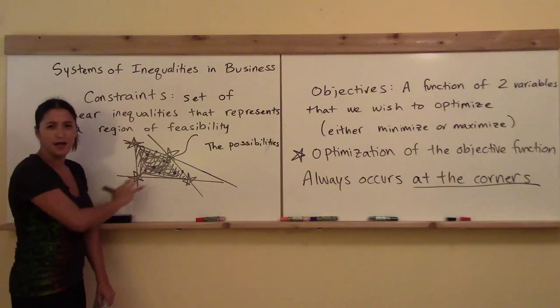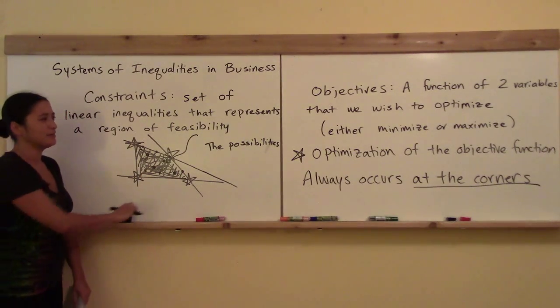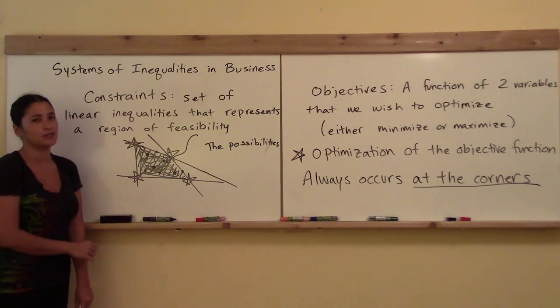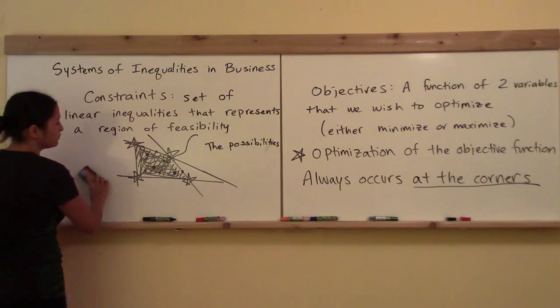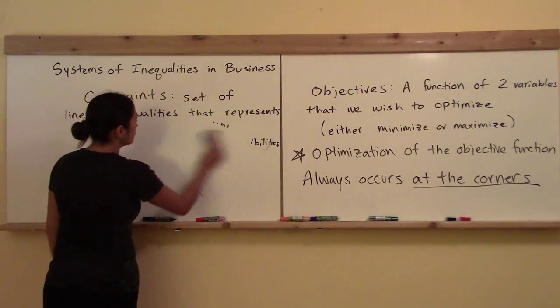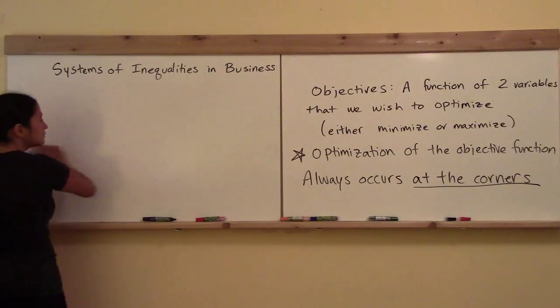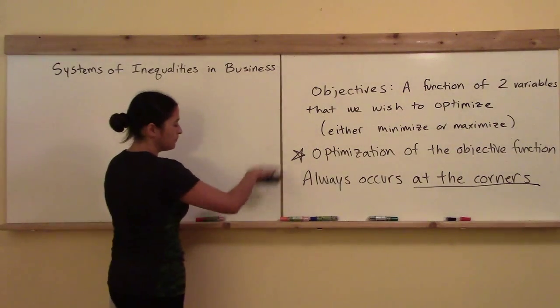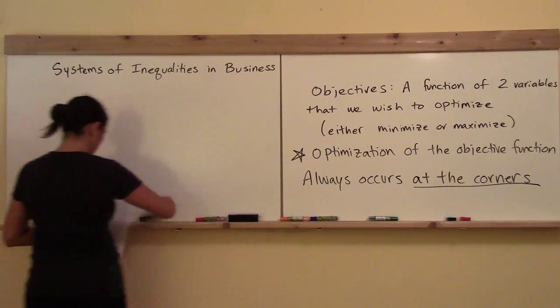Okay, so there's a lot of black on here. It might be kind of hard to see what I'm saying. So now let's start in with the concrete examples. We will have to deal with this in a word problem sense, but before we begin, I will give you a little bit of a concrete example of what I meant by the fact that optimization of the objective function always occurs at the corners.